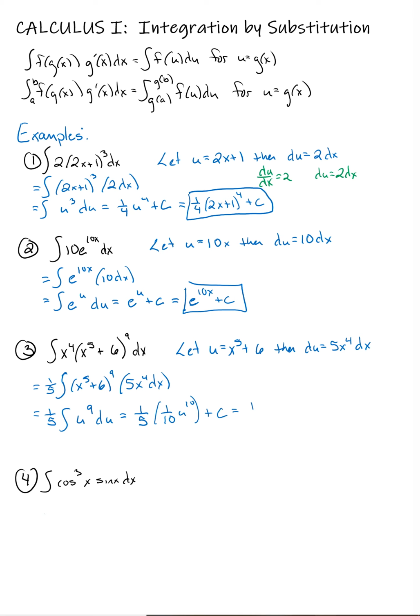Well, it looks like we can rewrite this as 1/50th u to the 10th plus c, and then we'll rewrite this using x to the 5th plus 6 for u. And there we go. Make sure you understand that up there in that exponent, this is a 10.